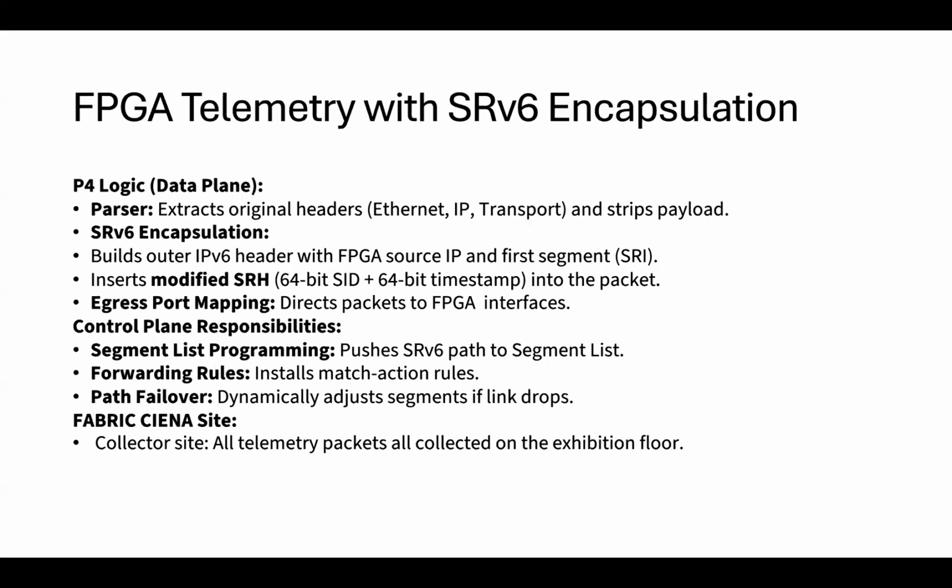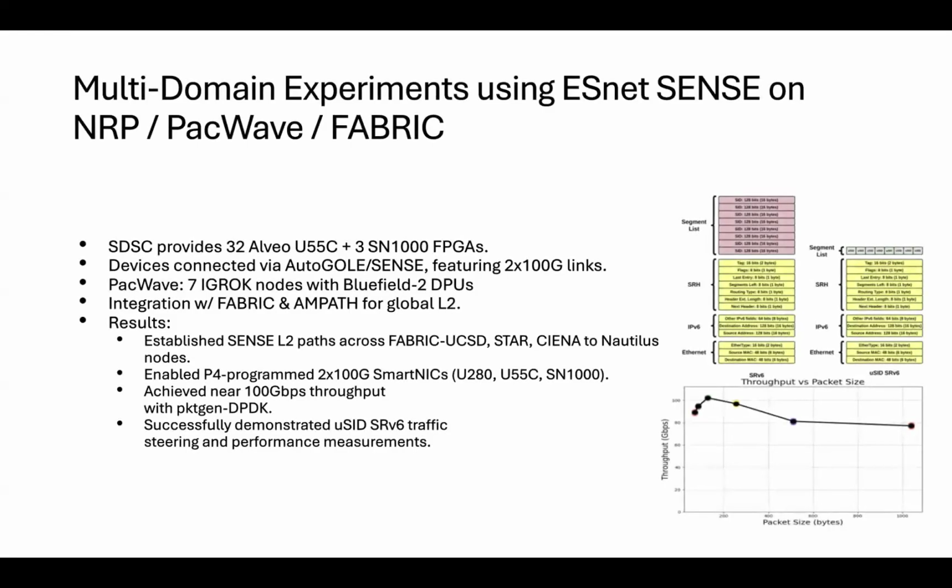Here, this was to demonstrate the capabilities of the cards and ecosystems that NRP and FABRIC have to offer. A very similar experiment we've done was simpler, where we demonstrated microSID SRv6, in which the segment IDs are all encoded into one 128-bit field.